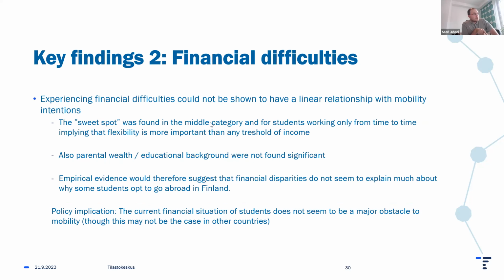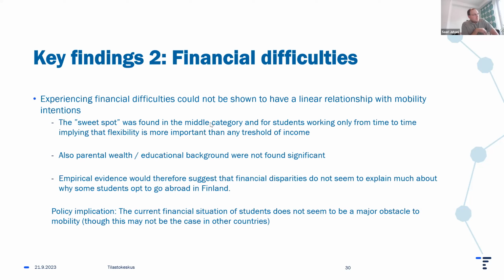Also, there's a lot of discussion about whether or not the financial means of students are indeed hampering international student mobility. My results seem to suggest otherwise: there actually seems to be a sweet spot in the income or financial means curve, where the middle ground gives students the most flexibility in pursuing their international study experience aspirations.